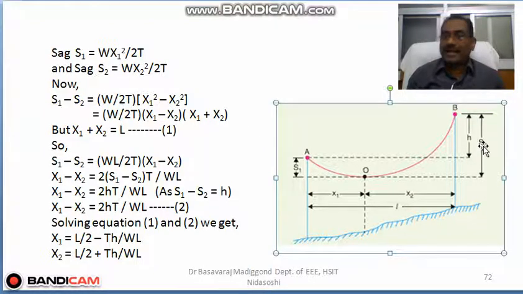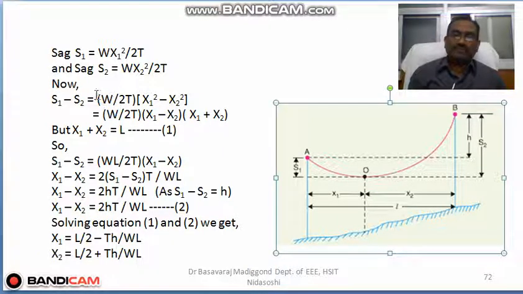Similarly, sag S2 is equal to W into x2 square by 2T. Now, S1 minus S2 is given by W by 2T, which is common for both equations, taken common, into x1 square minus x2 square.